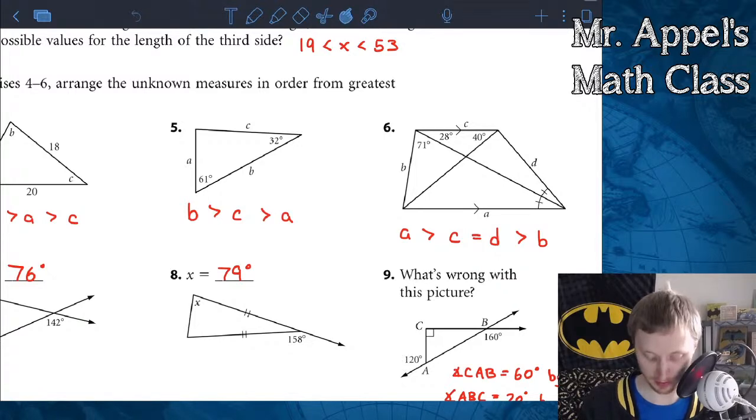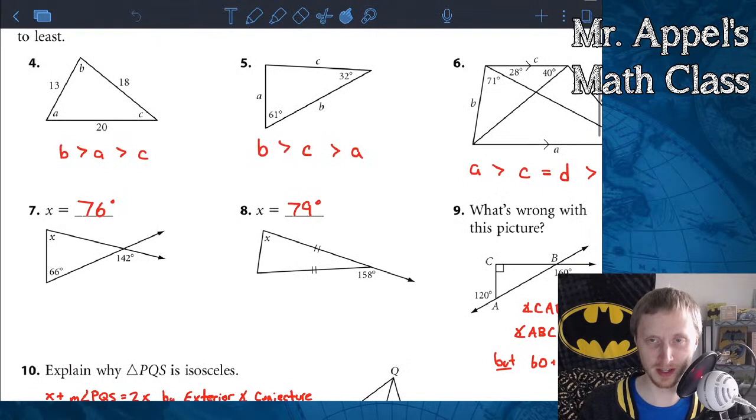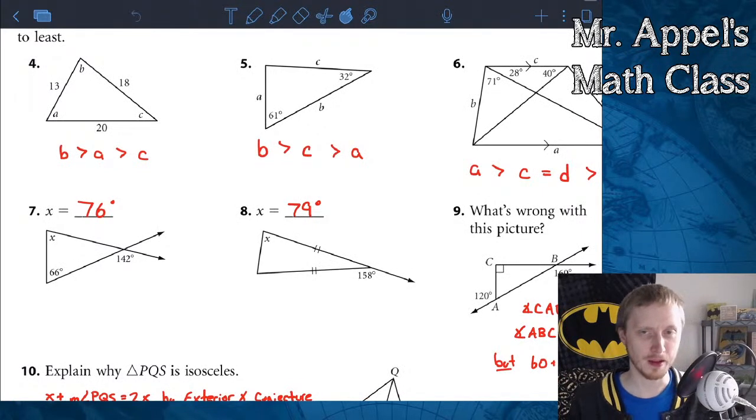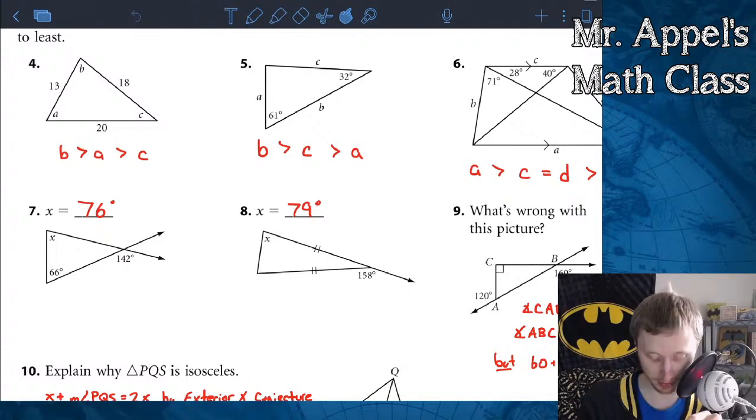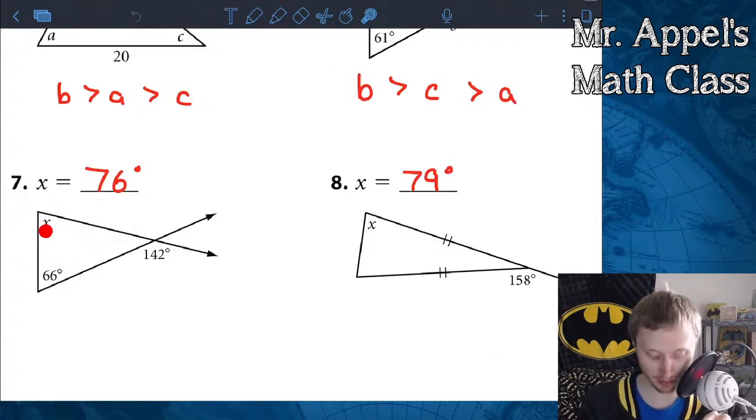And then for 7 and 8, we could work these out using the triangle sum and what we know of linear pairs. So we know that the three angles here, I should give this a name, call it alpha, terrible alpha.